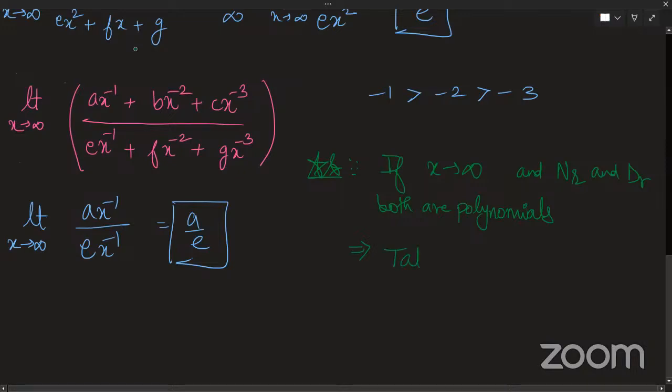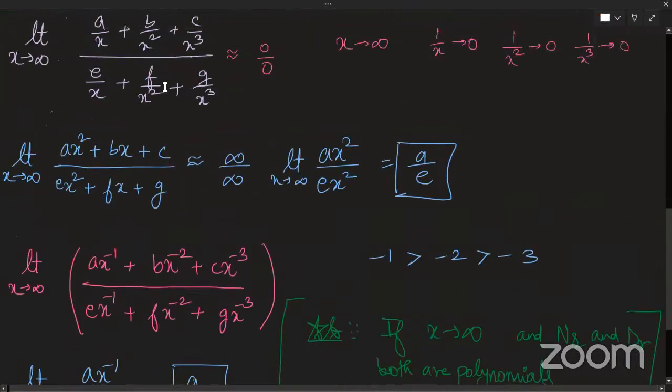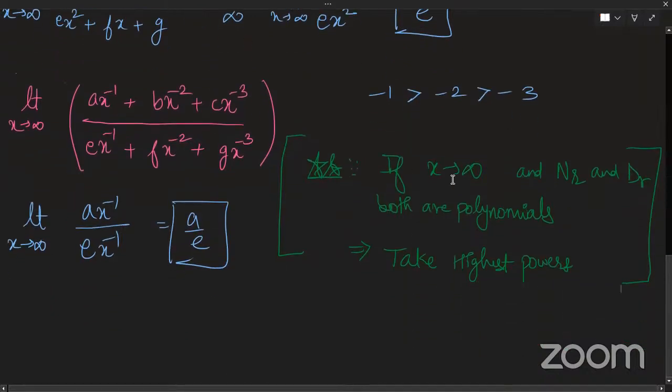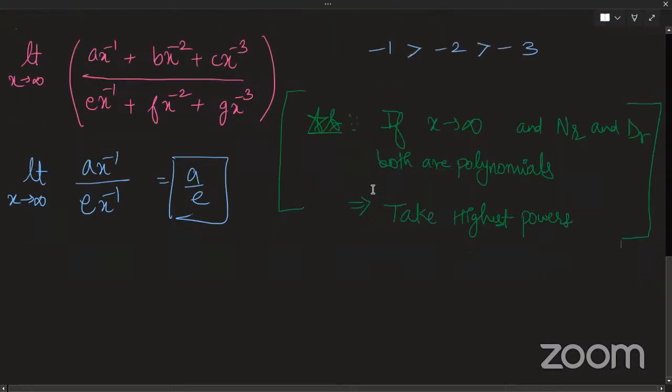Just take highest powers. Only thing you should keep in mind is that both your numerator and denominator should be polynomials. Then you can take the highest power and apply this trick.